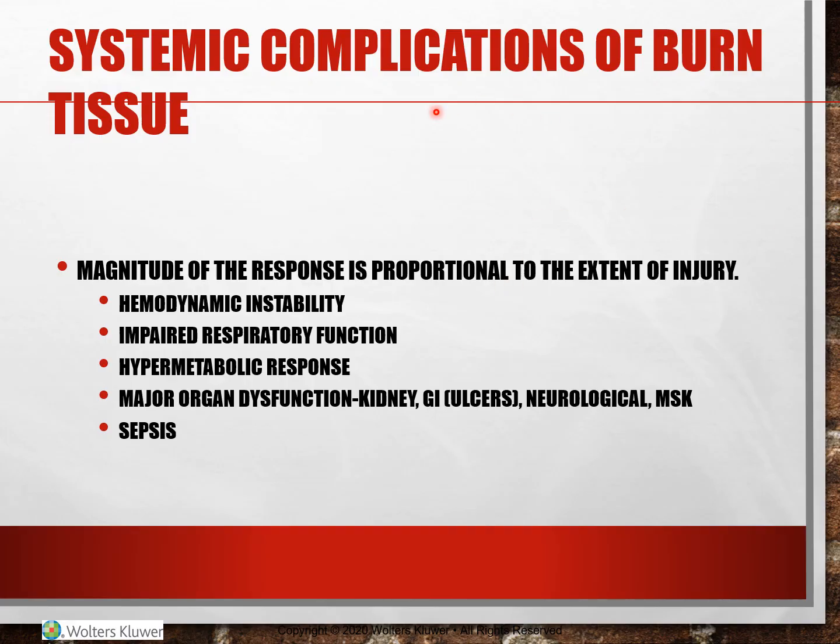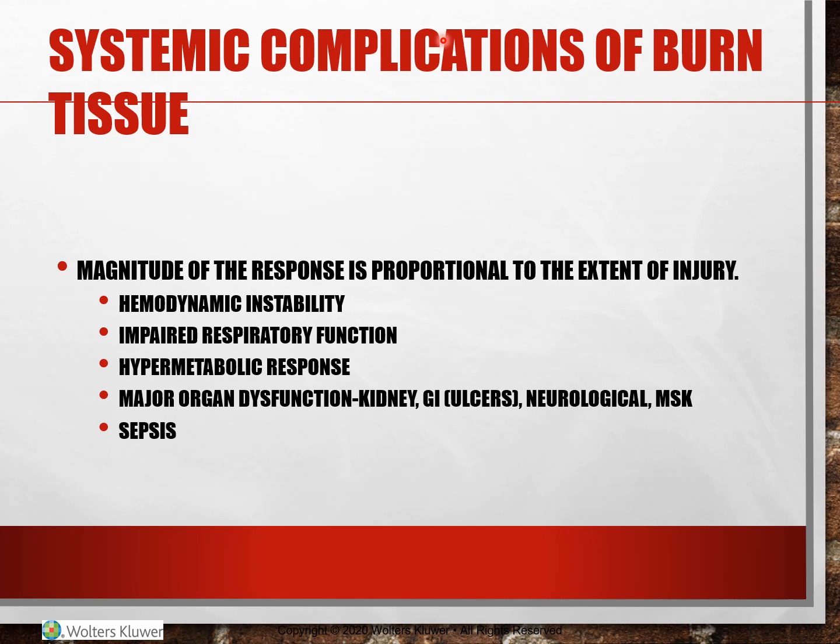So the systemic complications of burn tissue are often some of the things that can become more significant to our patient even than the burn itself. So things like hemodynamic instability. We sometimes term this burn shock. When someone is burned, fluid is lost from the vascular, interstitial, as well as the cellular compartments.